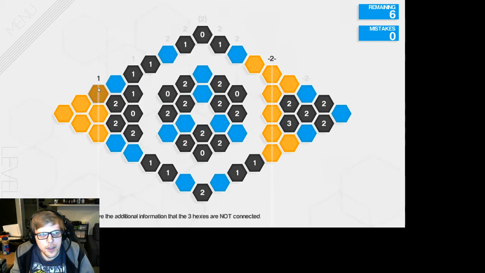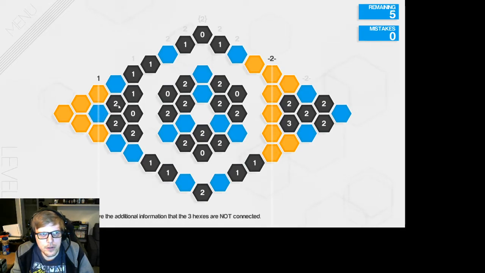So if it's this one that's blue, then this one can't be blue, and then because of this 2, this one would need to be blue. The problem is that this column only has 1, so it can't be the case that it's this one and this one being blue. So it's only this one. And this one being blue satisfies this 2 and this 2.